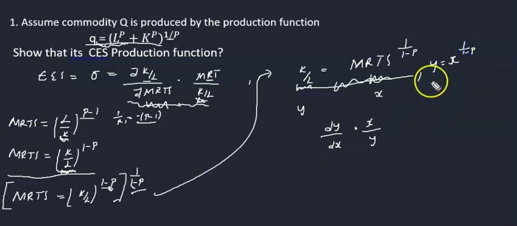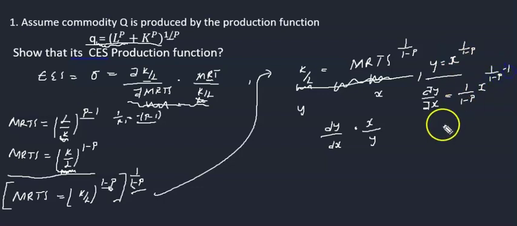So getting the y over the x from here will just be dropping the power because we are using the chain rule. We drop the power, then we'll have x, then the power reduces by 1. We'll have 1 over 1 minus b, minus 1.